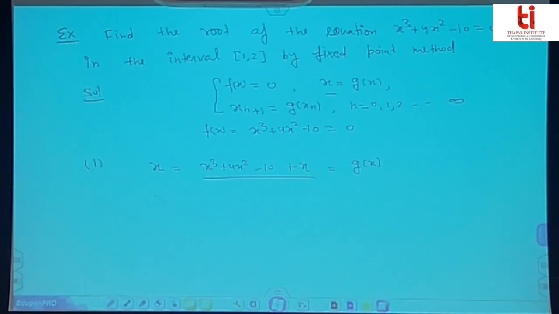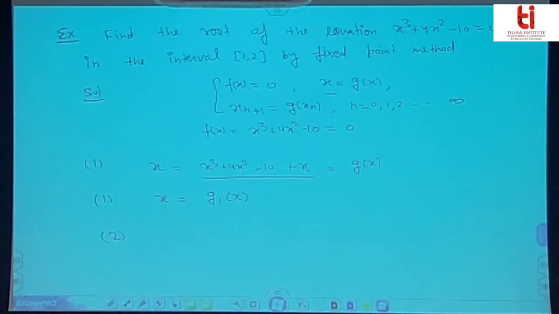So we can write x equal to g1(x). Let us name this g as g1(x), because we are taking it as the first g function.